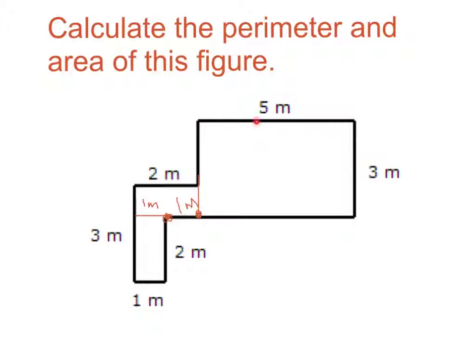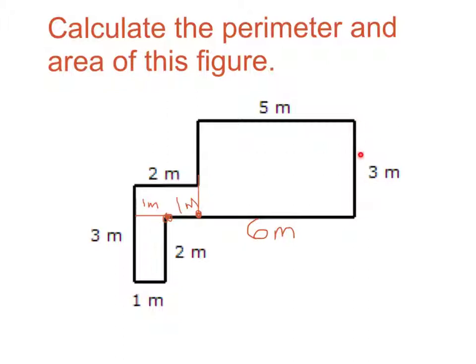If the distance of this length side is 5 meters and this distance is also 5 meters, an additional meter would make the length of this side 6 meters. Now we have 3 meters, 1, 2 meters, 6 meters, 3 meters, 5 meters, 2 meters, but the length of this side still remains unlabeled.